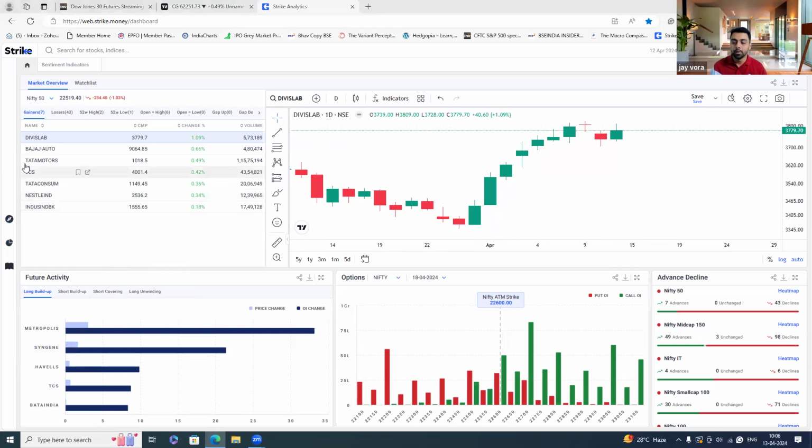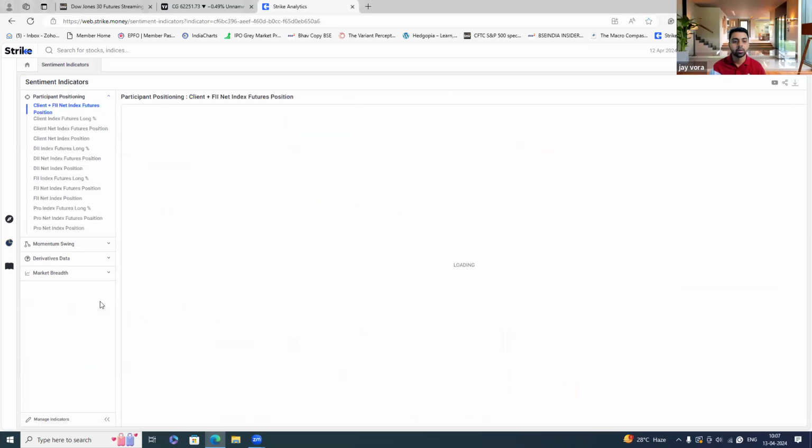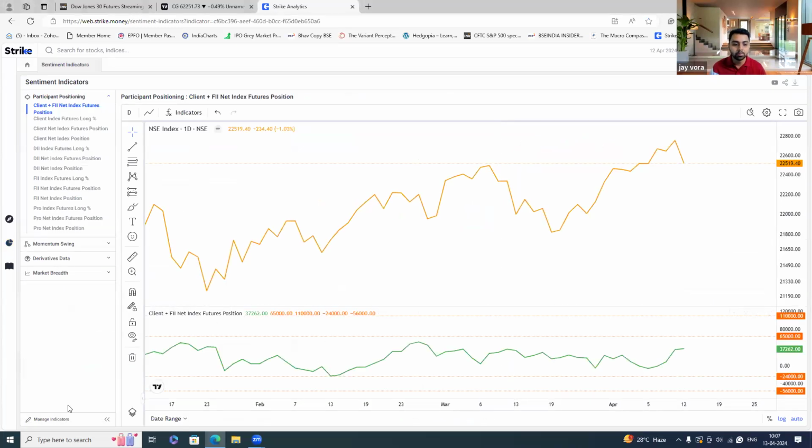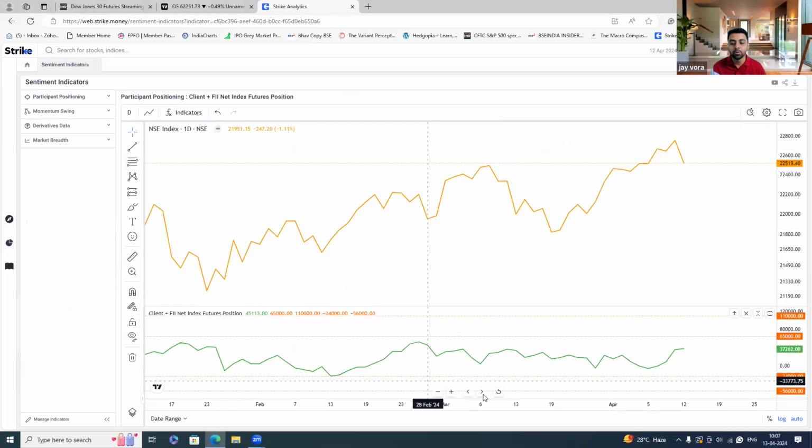So, to come to the sentiment indicator section, you have to go on the left, hover on this second icon over here, and then you can go to sentiment indicators. Okay. Once you come to sentiment indicators, you will see four different types of things.